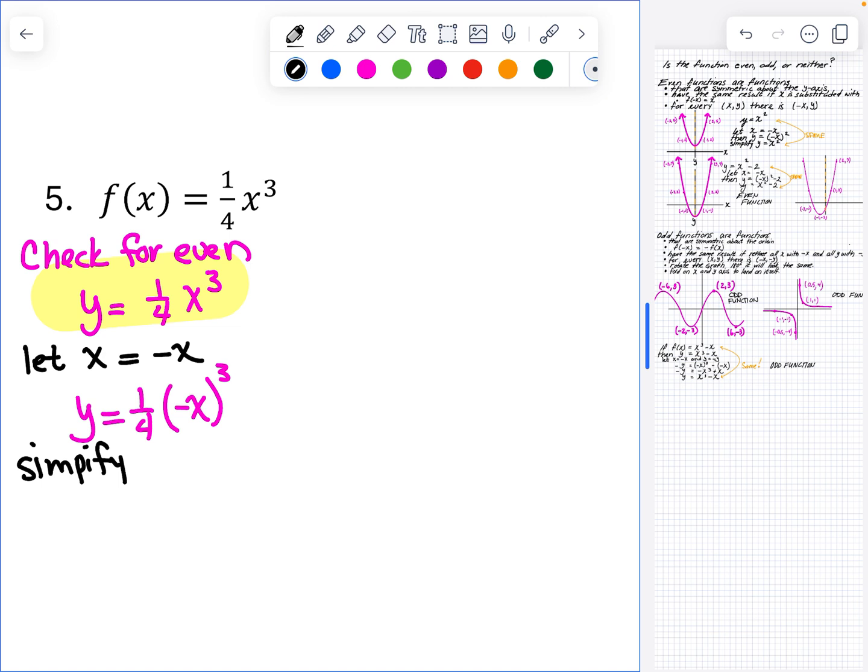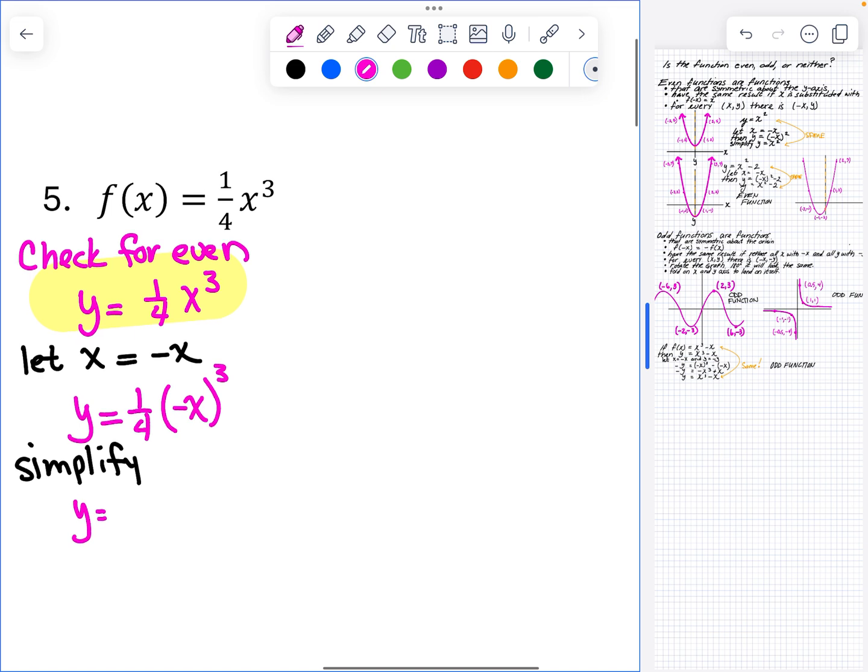If I simplify that, I'm going to have y equals negative x times negative x times negative x, which is negative x to the third power.